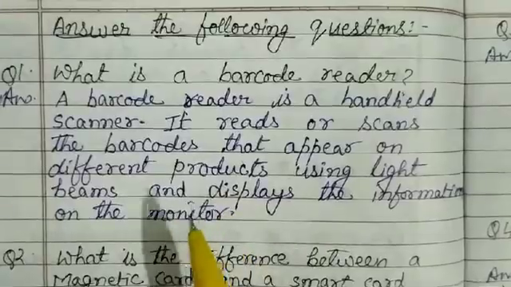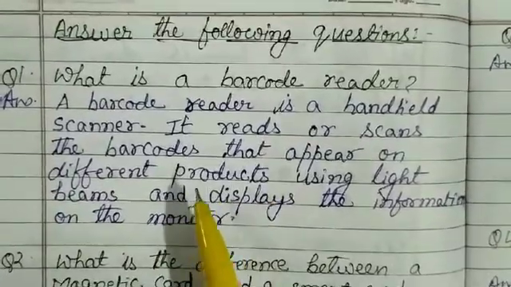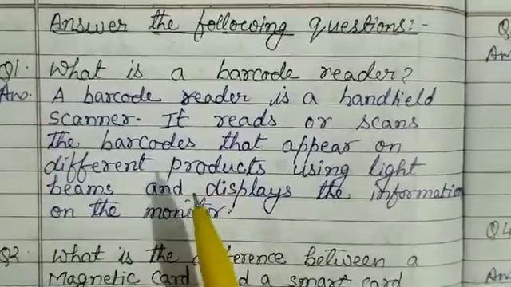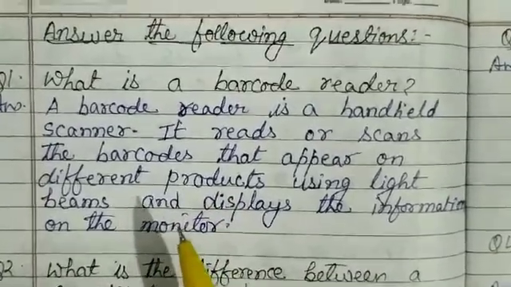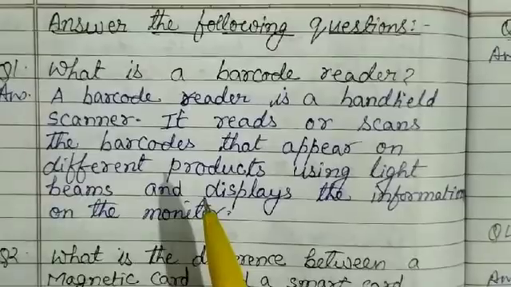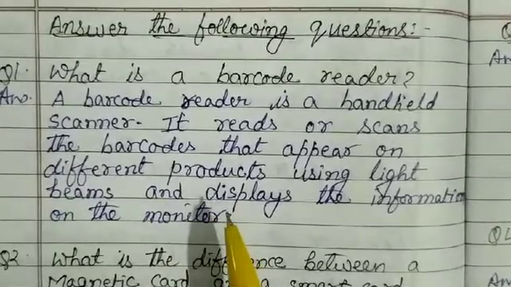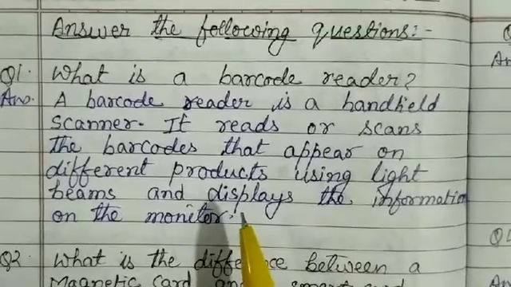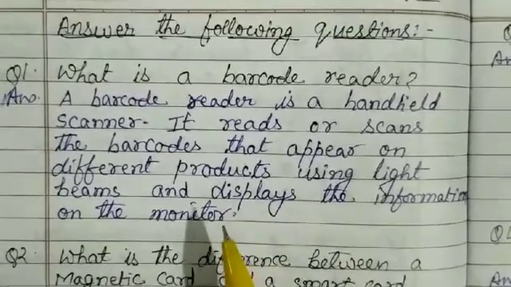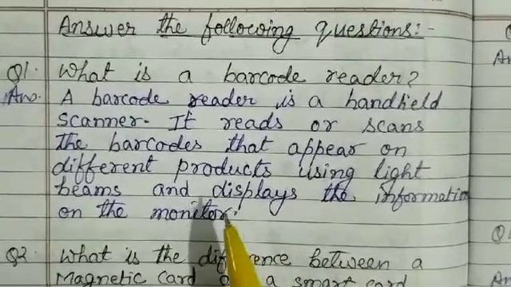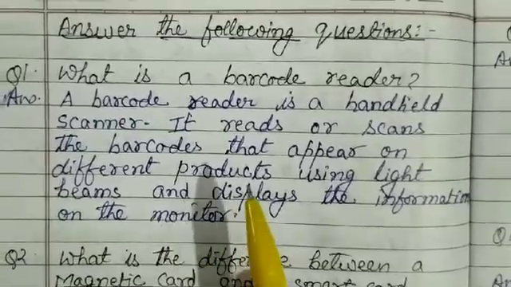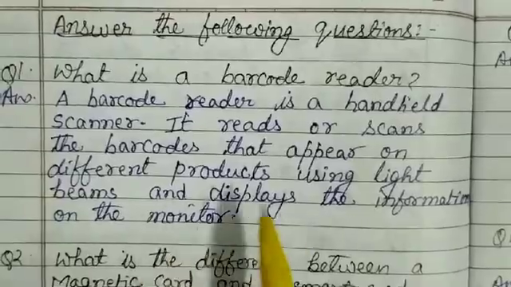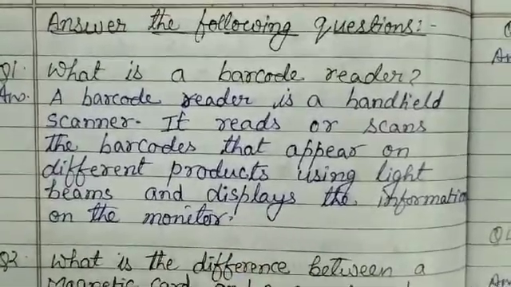So barcode reader is a handheld scanner, means which can be taken in hand, and it scans the barcode. You have seen on every product some linings or bars, that is known as barcode, and it reads the barcode which gives the information about the product, and this displays the information on the monitor.